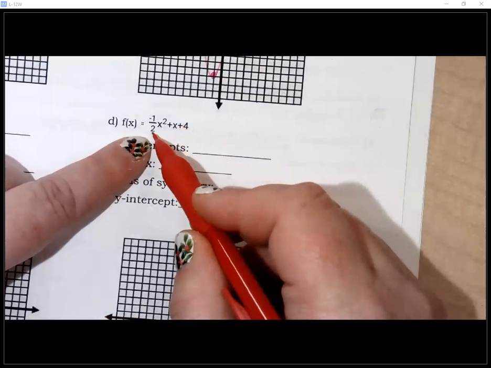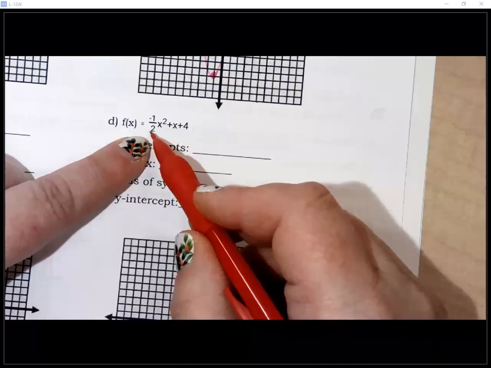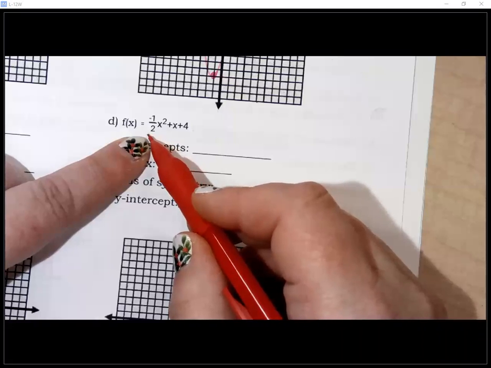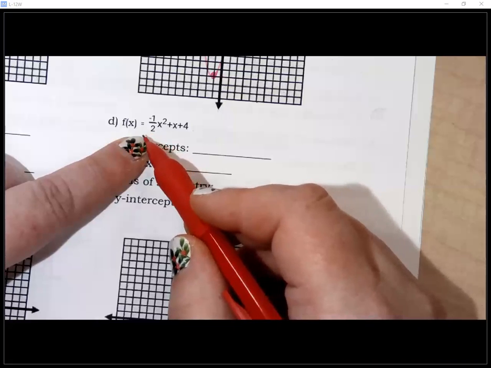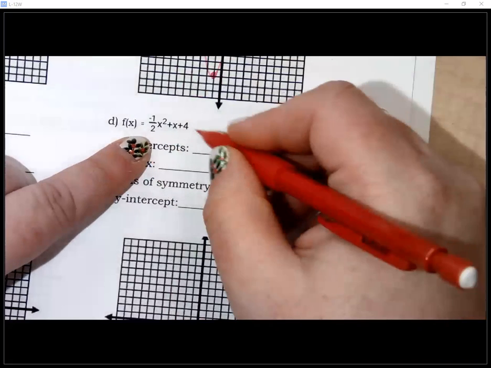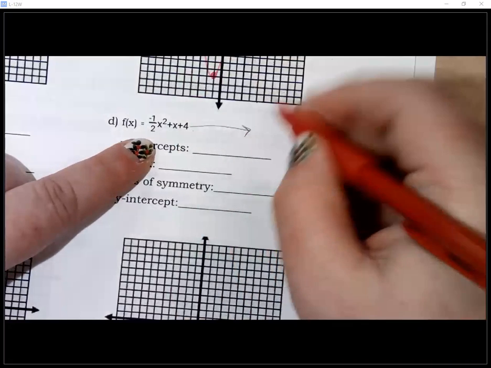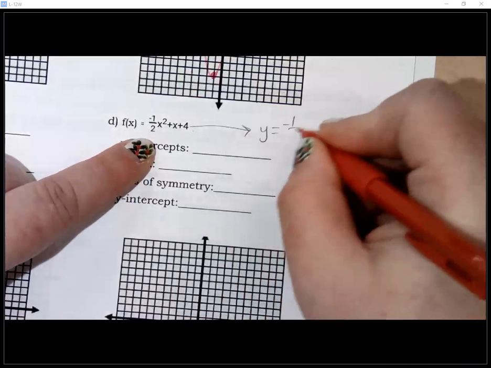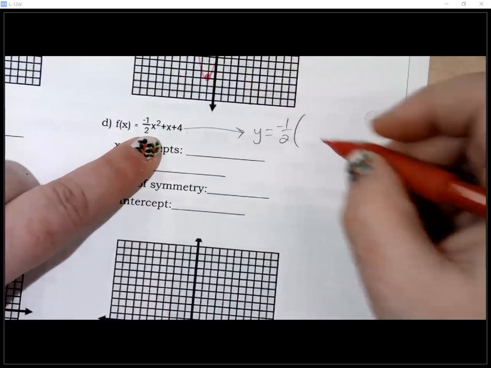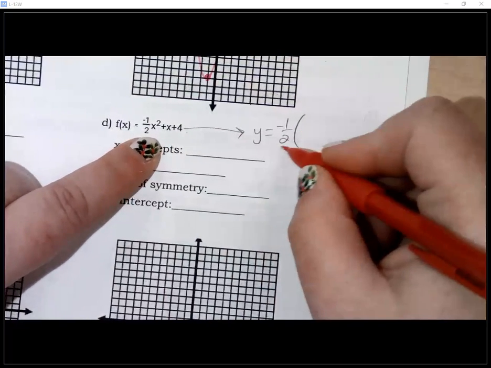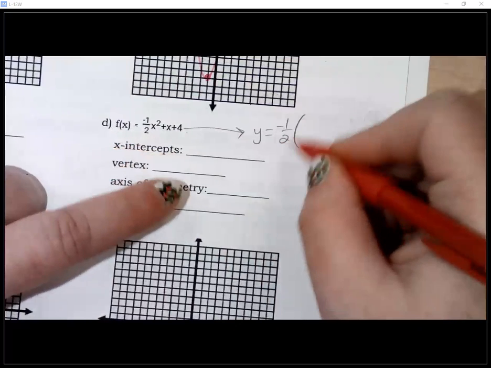I really need it to be 1 though, so I'm gonna have to force factor out a -1/2. It's not as bad as it sounds, right? So let's force factor that out. I'm gonna have y equals -1/2 times, what's gonna go in here? Walk me through this. What would I multiply -1/2 by to get back to -1/2 x squared?